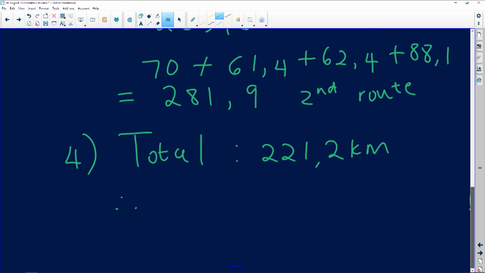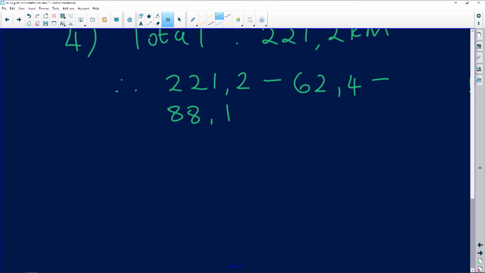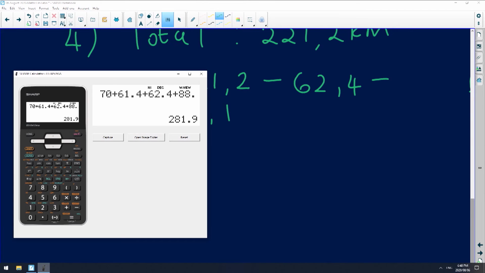Therefore, 221.2 kilometers, subtract, the first thing that I am going to subtract is 62.4 kilometers. And then the second one, as I said, is going to be 88.1 kilometers. Let's go and calculate that.